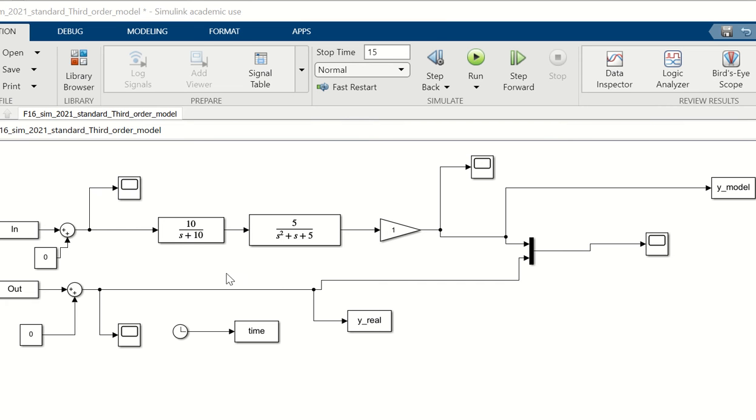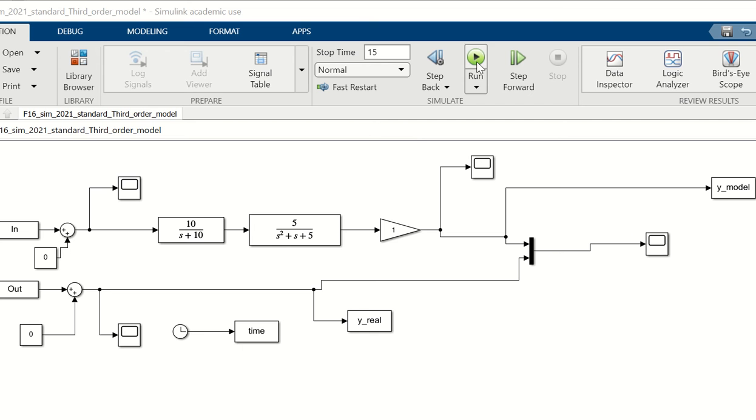Right, so here's a real example now. We've got a transfer function, 10 over 5 s squared plus 4 s plus 5, and a 1 in here, and we're trying to get the right numbers in these transfer function boxes by comparing. This is the real output coming down here onto the scope. This is the input going into the model and coming out as a model output, and we can compare the two here.